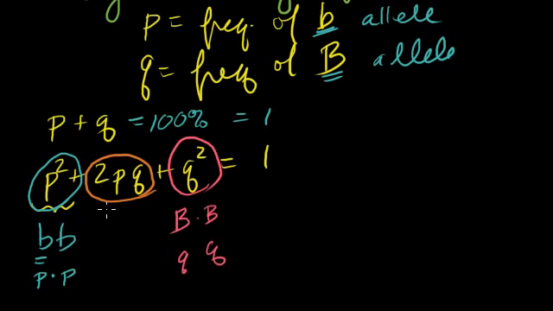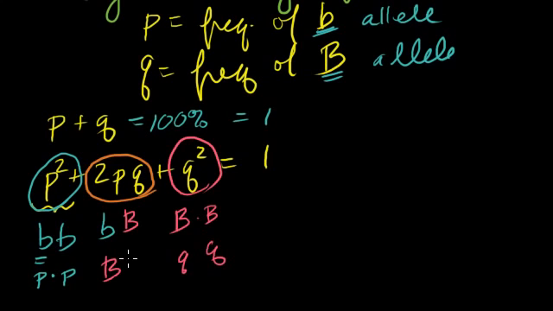And why is that? Because there are two ways that I can be a heterozygote. I could get blue eyes from one parent and brown eyes from the other, or I could get brown eyes from the first parent and blue eyes from the second.